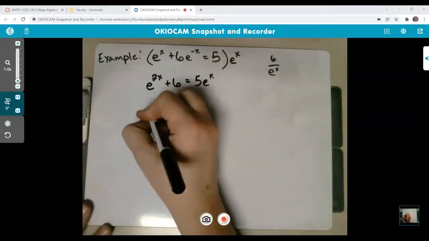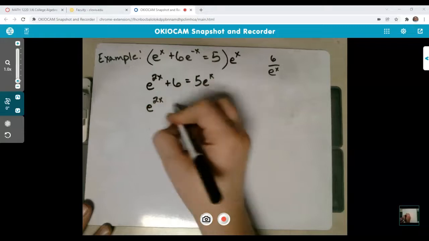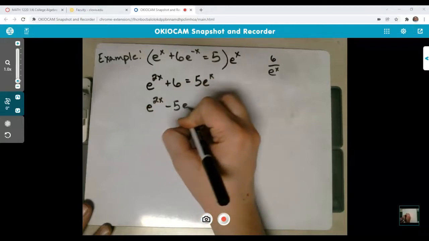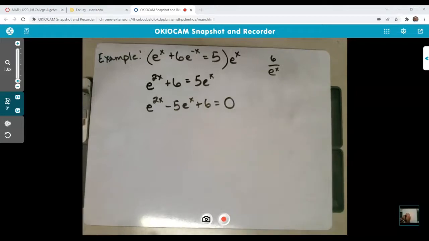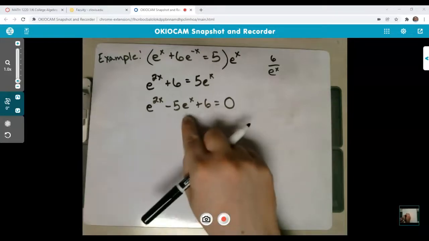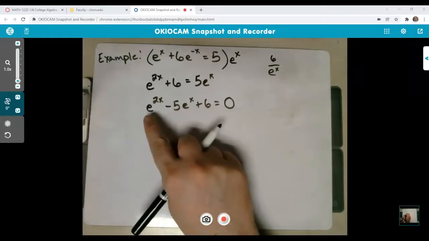Let's move everything to one side and see if that helps me out. e to the 2x minus 5e to the x plus 6 equals 0. This looks kind of like a quadratic equation, because here I have e to the x, and over here I have e to the x squared.